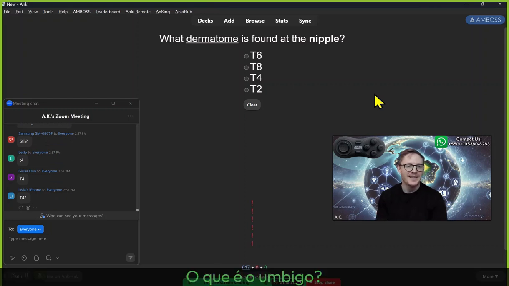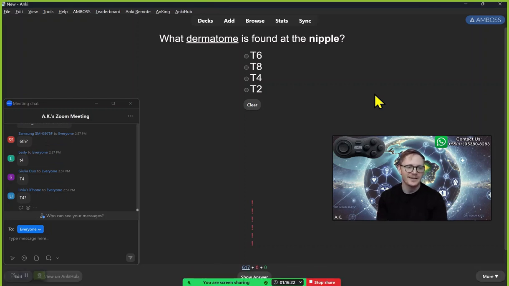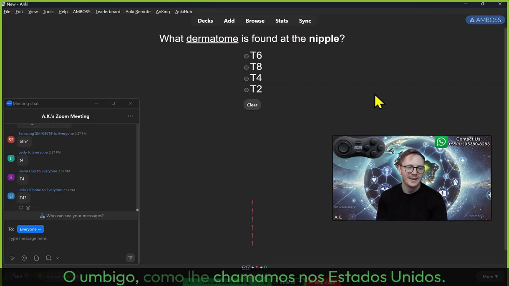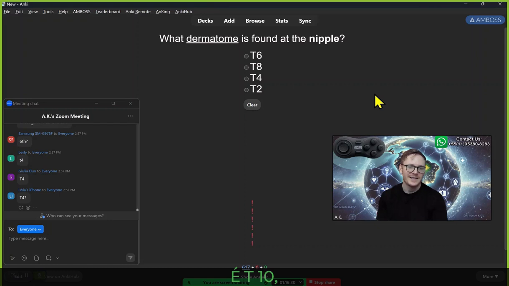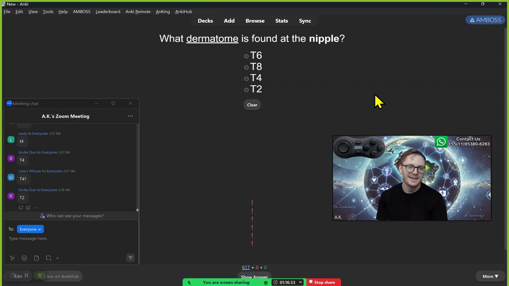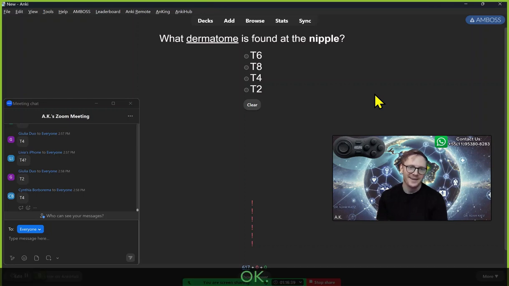Okay. What is the umbilicus? Do you guys know the umbilicus? The belly button, we call it in the States. It's T10. T10. Yeah, T2 would be higher up, right? Okay. So we got it.